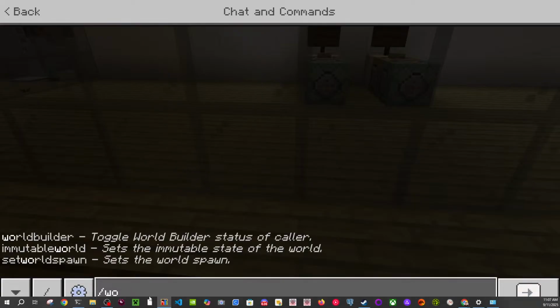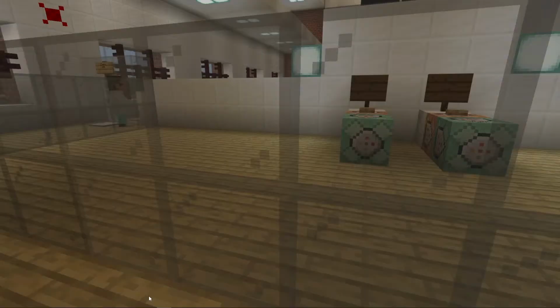Teleport back there, huh? Let's try that. Let's see if we can teleport back to those blocks.